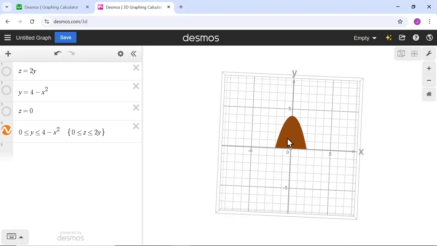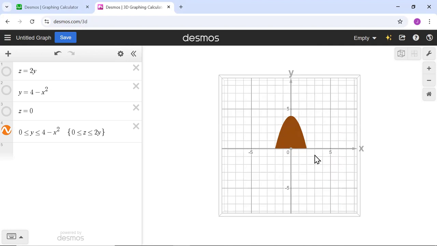Now we could have also figured that out algebraically as well. I'll mention that in just a moment. But before I get to that, I want to say the x values are clearly going from -2 up to +2 when I'm looking down at this surface. So x values are going from -2 to +2. Y values are going from y equals 0 to y equals that curve, 4 minus x squared.